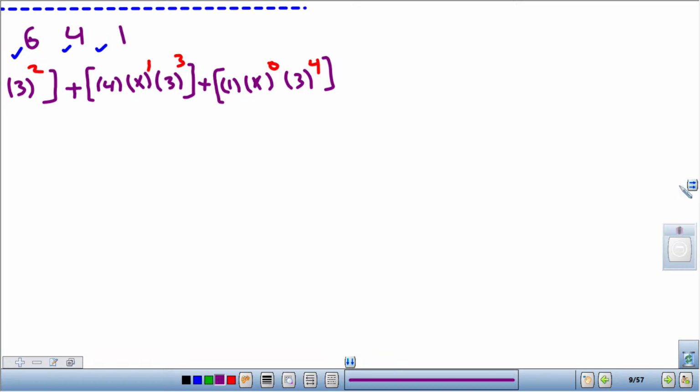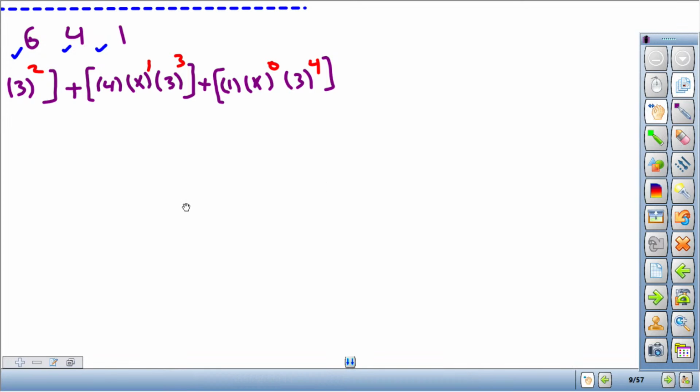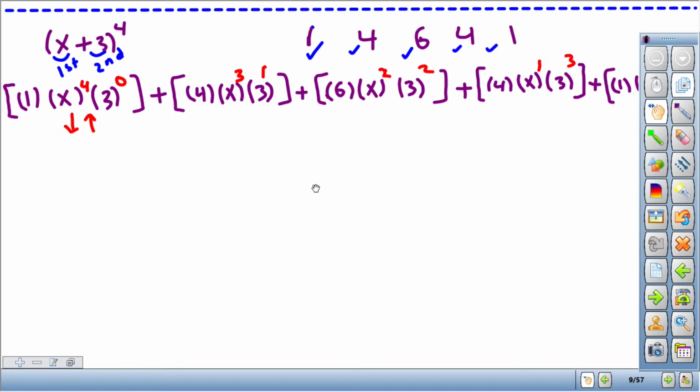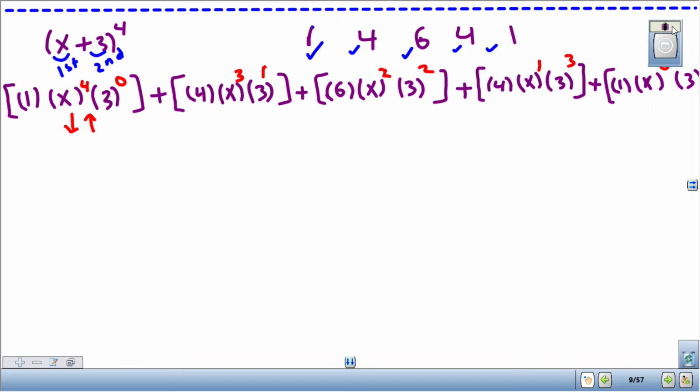All right. Let me go back here and shift back my attention to cleaning things up a little bit. So I've got 1 times x to the 4th power. X to the 4th power is x to the 4th.